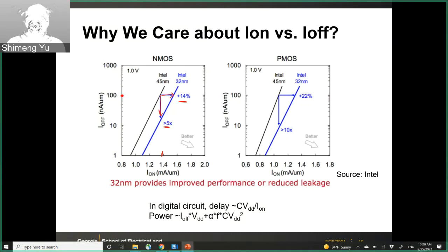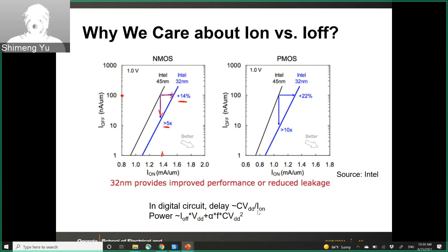So why do we care about that? Because in a simple digital circuit formula, you see that the circuit delay is given by the capacitance that the circuit needs to drive, multiplied by the power supply VDD, divided by the on current.